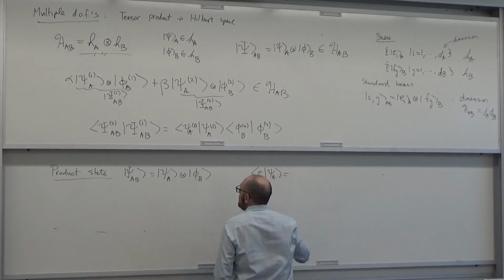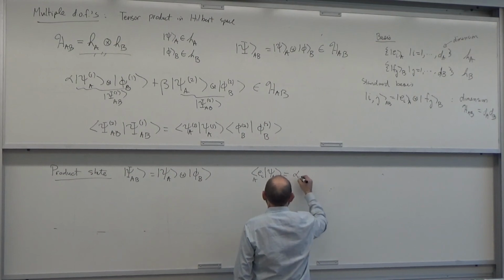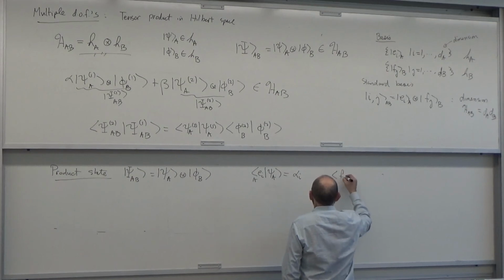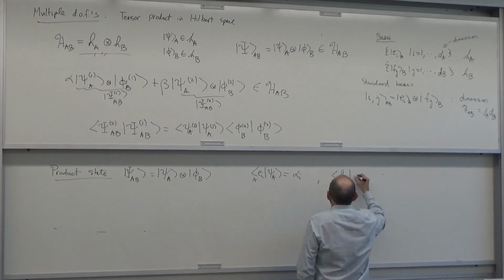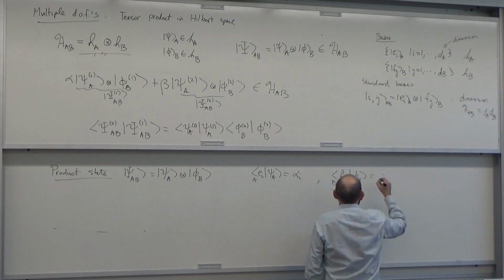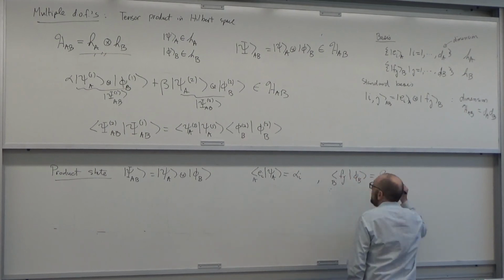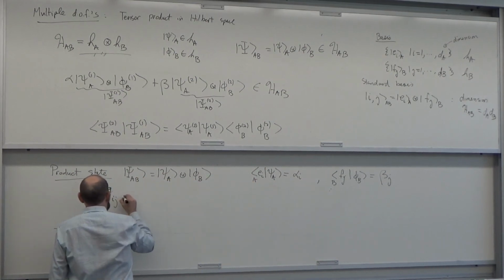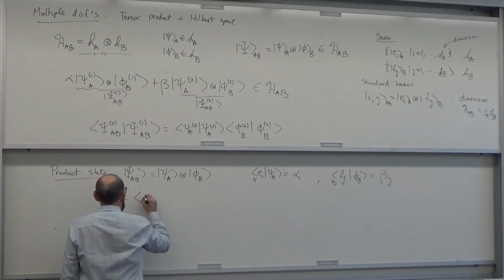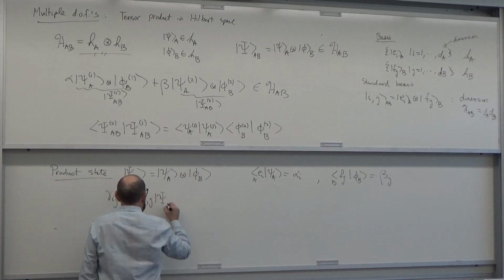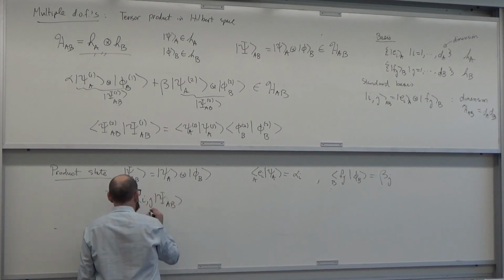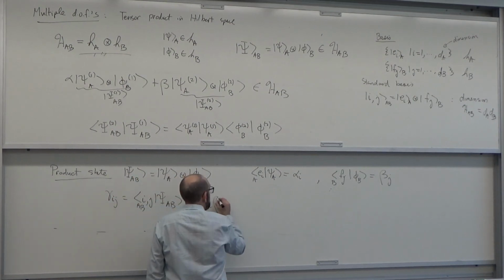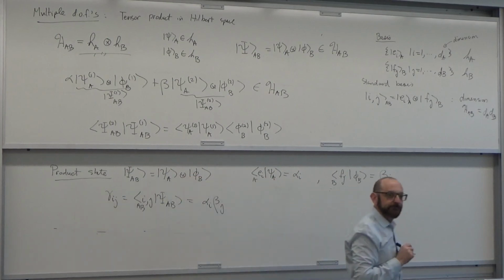and the representation of state phi A in its basis I'll call alpha i, and the representation of state phi B in its basis I'll call beta j, then the representation in the standard basis of the joint state is equal to just the product of those coefficients. Okay.